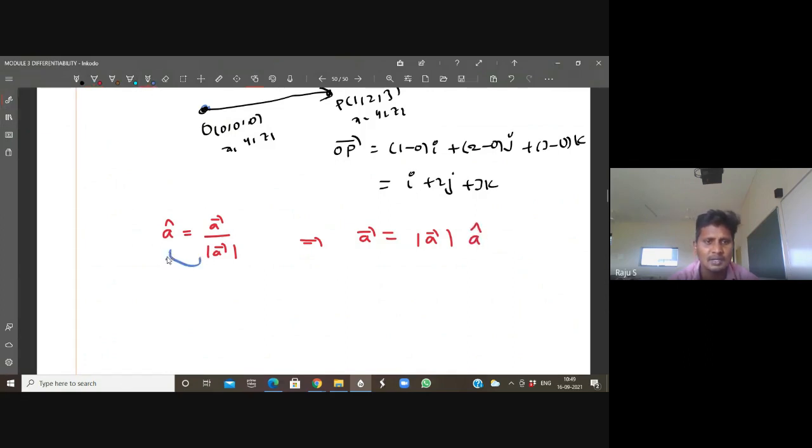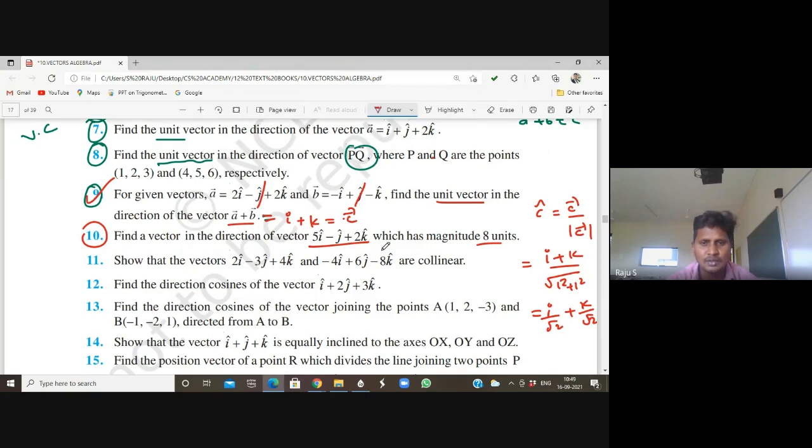We'll get it like this. Then what do you observe here? Any vector is given by magnitude into its unit vector. So in question number 10, magnitude is already given, 8.